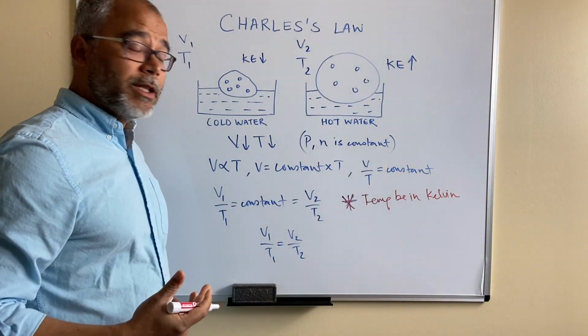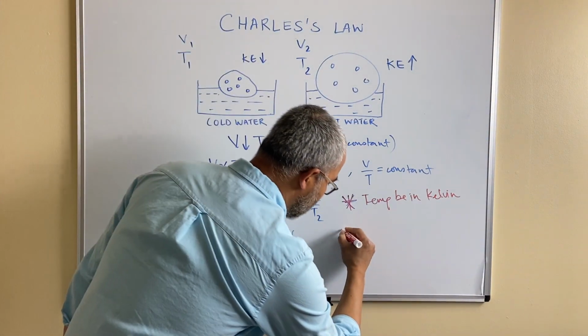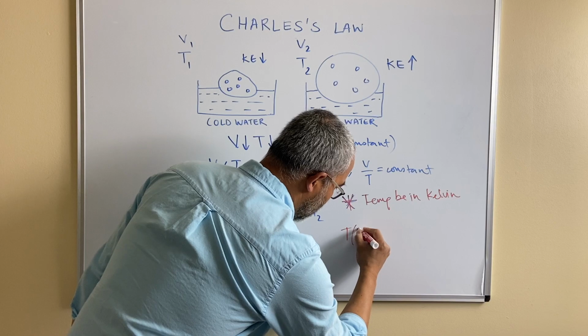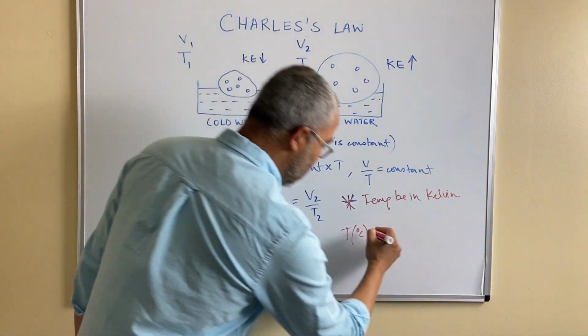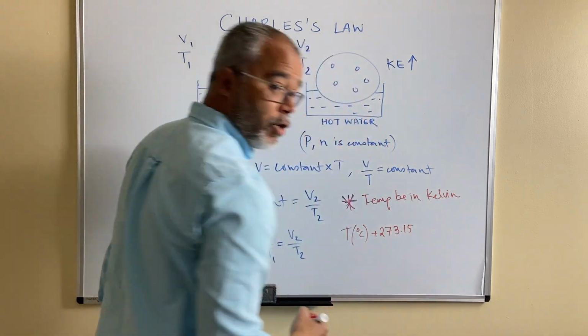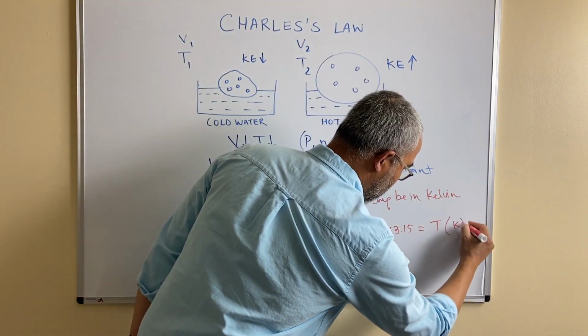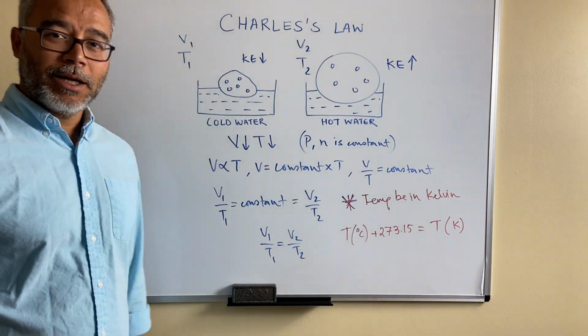And typically the temperature will be given to you in degrees Celsius. So when you have temperature in degrees Celsius, you want to add 273.15 to it to give you the temperature in Kelvin. All right? I hope that made sense.